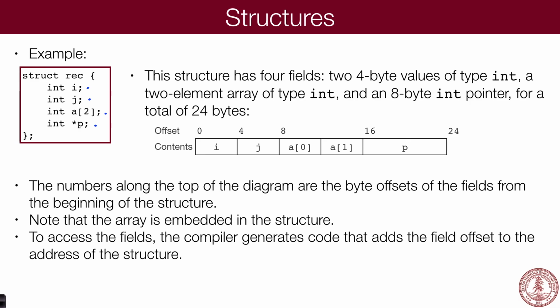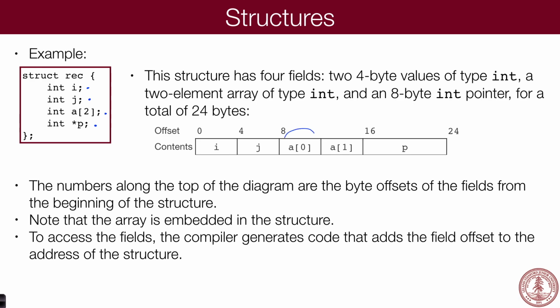It's going to be contiguous, and bytes 0 through 3 are going to be I, and then 4 through 7 are going to be J, and then 8 through 11 are going to be A bracket 0, 12 through 15 are A1, and then 16 through 23 are the value for this pointer, which is 8 bytes long. What's interesting about this is, oh, guess what?